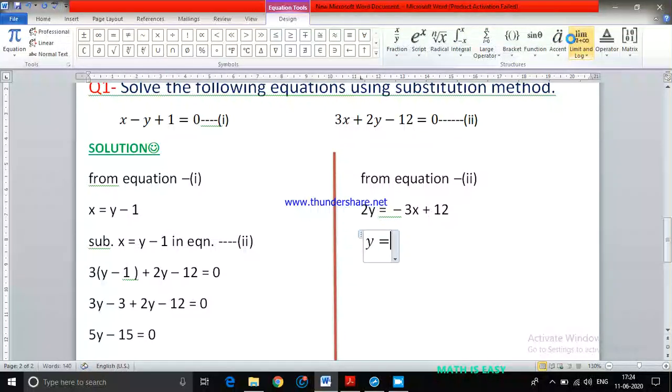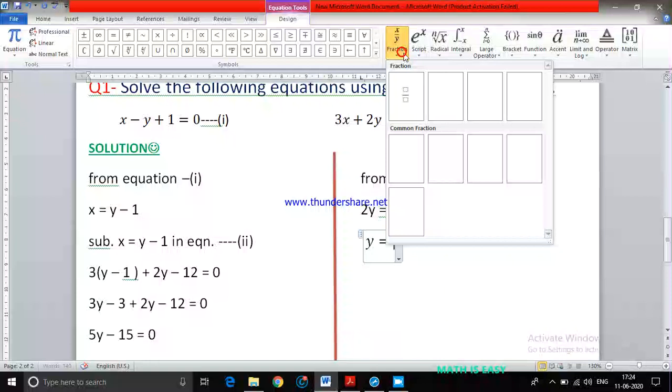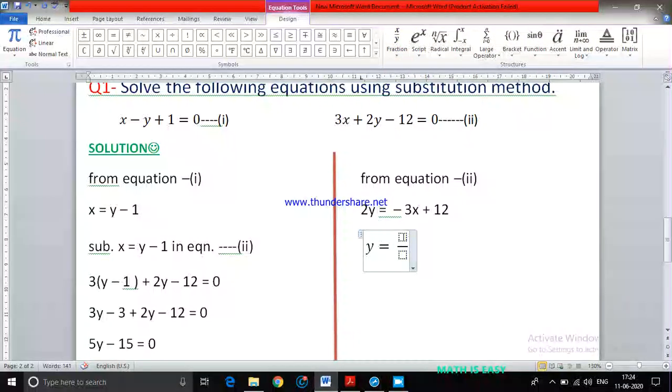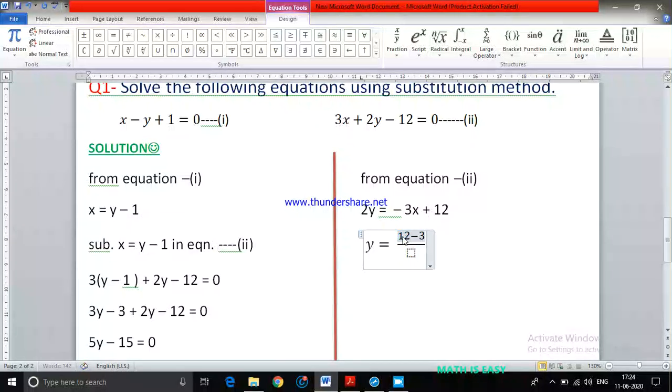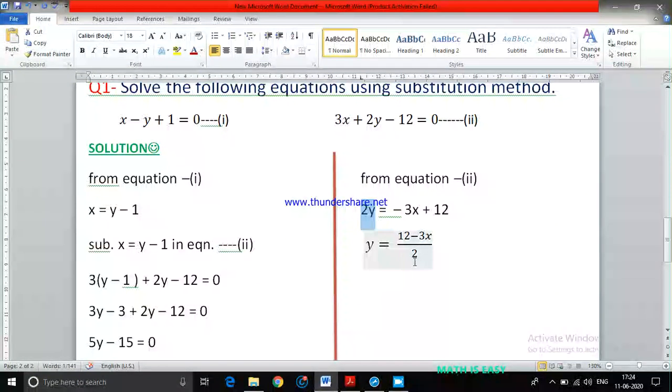Y equals to, you'll get the fractional terms here. So minus 3x plus 12, I'll write as 12 minus 3x upon 2. Because this 2 is the multiplication with y, the 2 can come to the denominator. So now this y value I'll substitute in equation number 1.